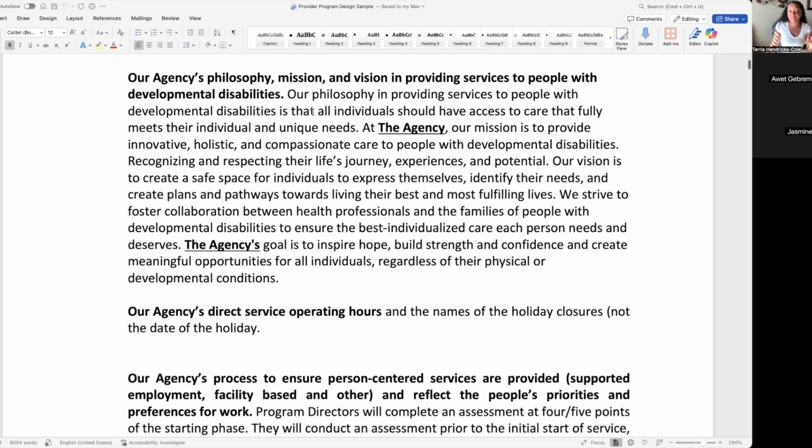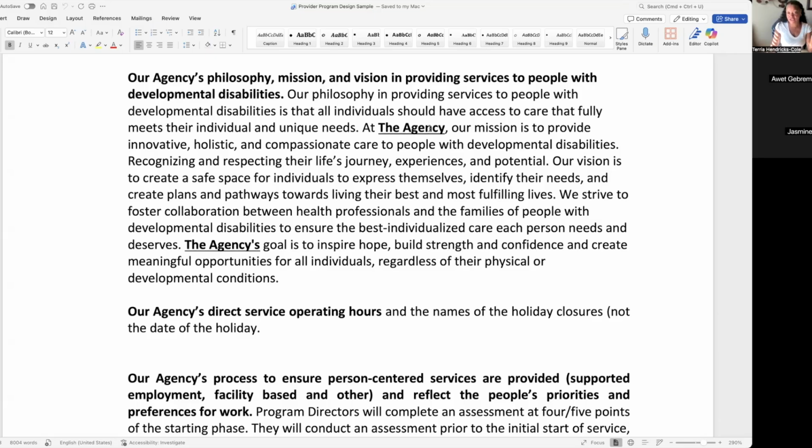One of the ones that I have on here is our philosophy in providing services to people with developmental disability is that all individuals should have access to care that fully meets their individual and unique needs. At the agency, you can always fill in your name here. Where I put the agency is where you can fill in your agency's name if this resonates with you. If it doesn't, of course, make sure it resonates or you put what you have already written.